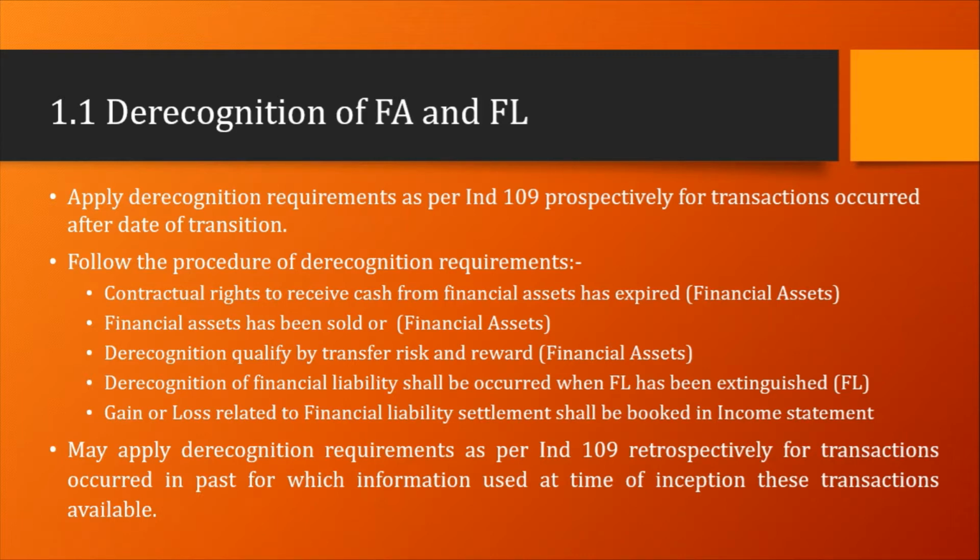Once these 5 conditions are met, the asset or liability will qualify for derecognition. The entity may apply the derecognition requirements retrospectively for those transactions which occurred in the past, but we must have the information which was available, and which was used at the time we first booked these transactions, that is, whatever information we had at that time.